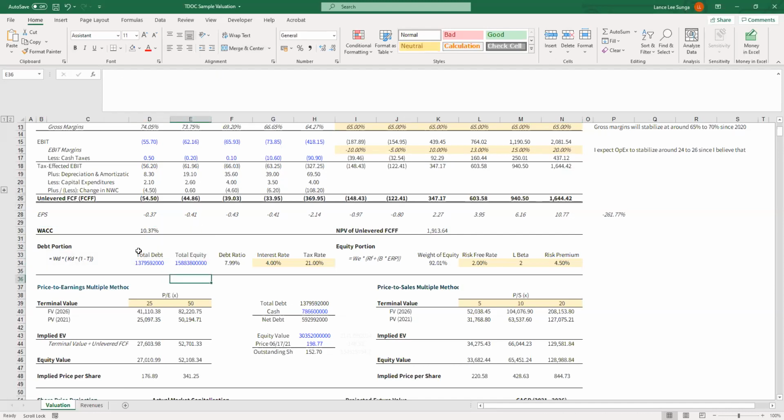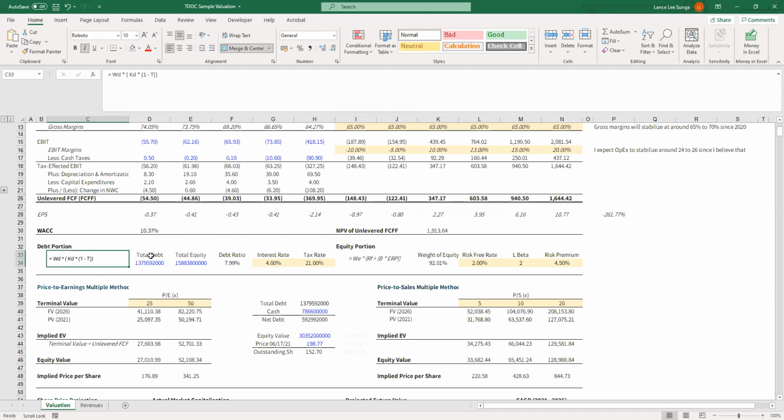So the first step for that is to be able to arrive at your WACC. For those who aren't familiar, it's the weighted average cost of capital, right? Basically, you take the average cost of capital for your debt and equity, right? And then you add it.